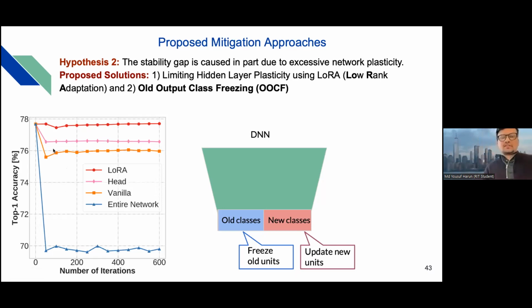When we just update the output layer, the drop is minimized, but there is still some drop. If we apply LoRA, the drop is not that significant, and it preserves the old performance while we train the network.